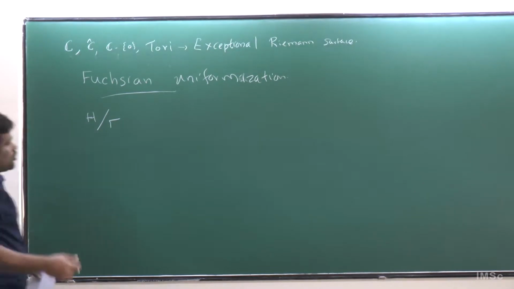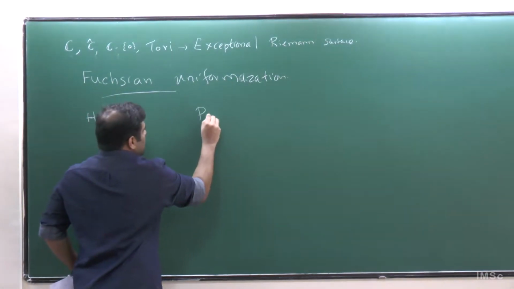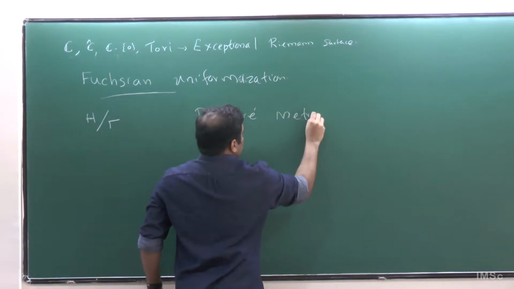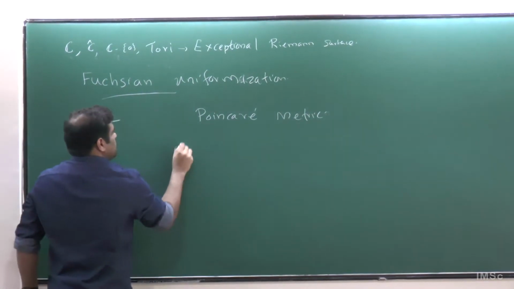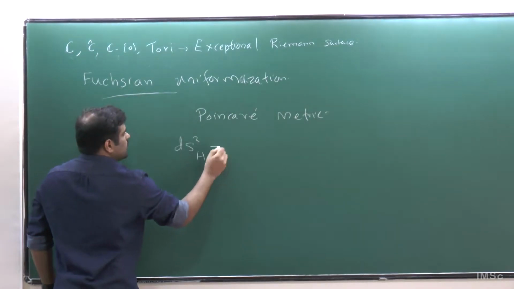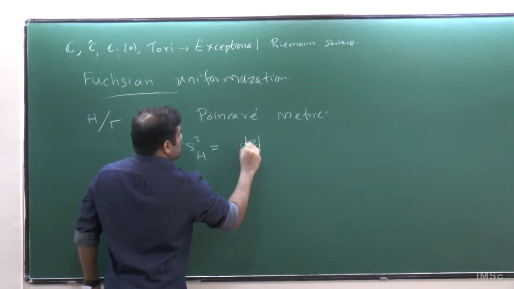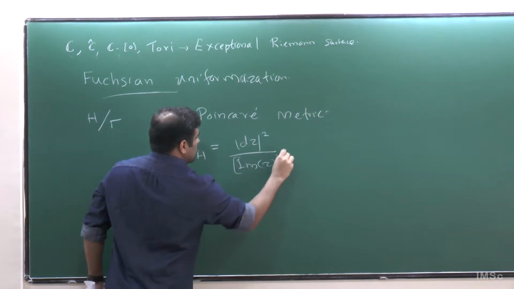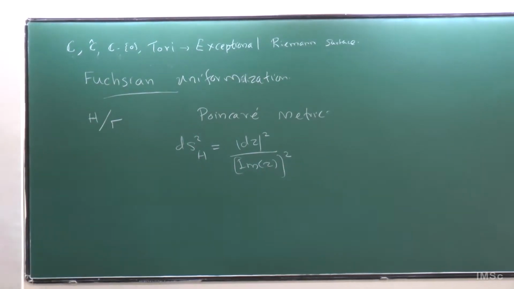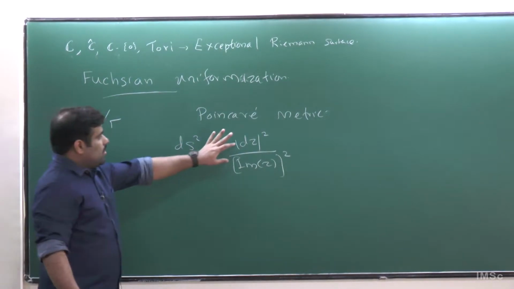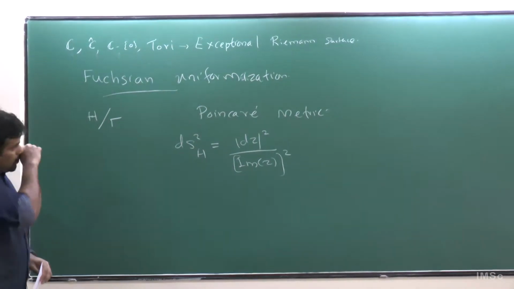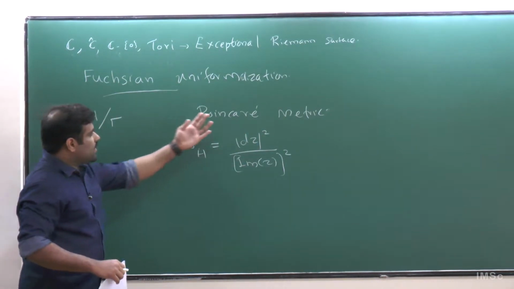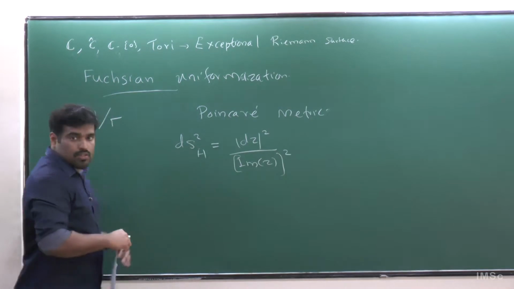For that, it's useful to introduce a Poincare metric on the upper half plane. It's given by ds squared equal to |dc| squared divided by the imaginary part of c, whole squared. Here c is the coordinate on the upper half plane. You can easily observe that this metric has a symmetry.